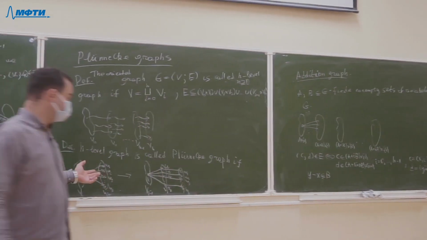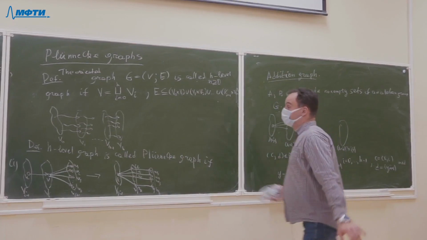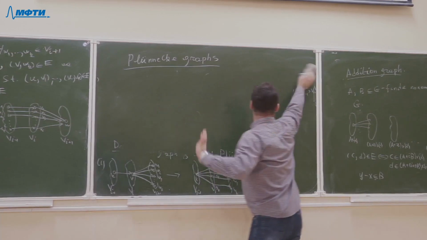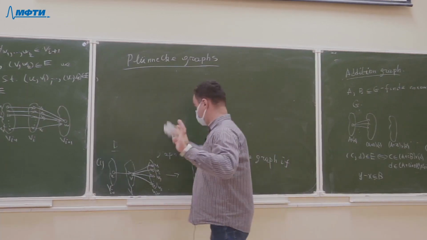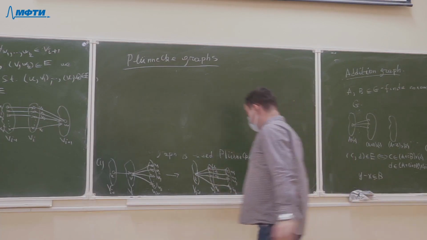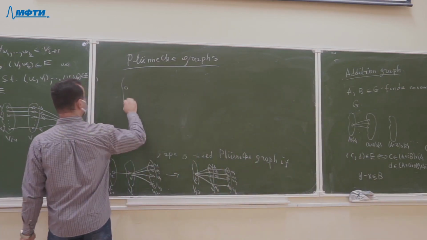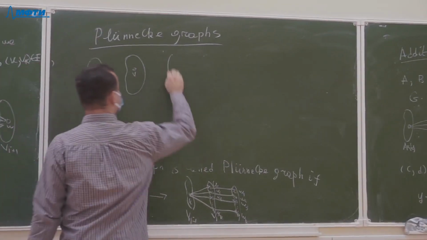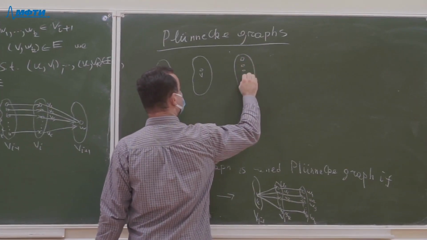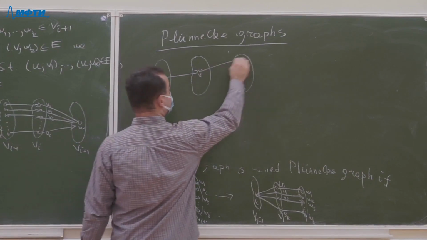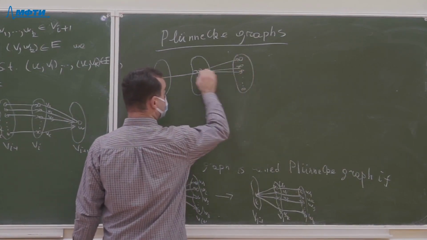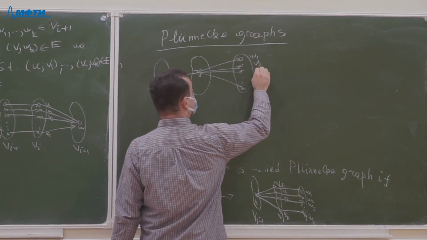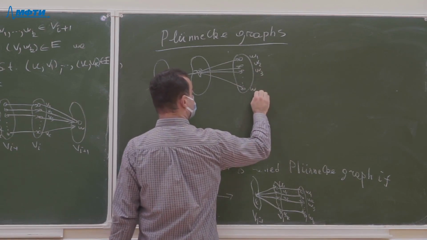Well, suppose we have such configuration: U, V in this particular graph, W1, W2, W3, WK.